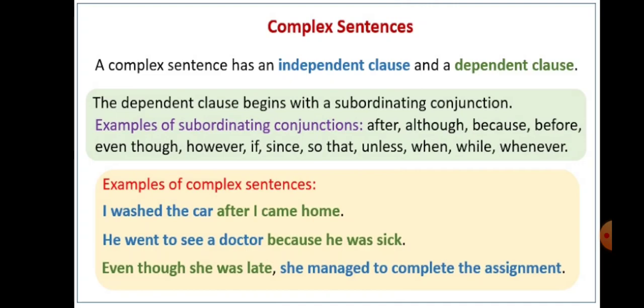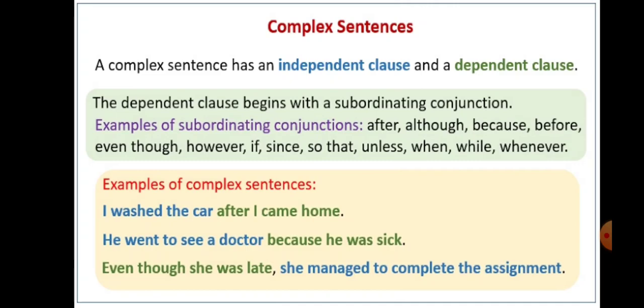In this sentence, the part "I washed the car" is an independent clause. "After I came home", this part is a dependent clause. So in complex sentences, if any sentence has an independent clause and a dependent clause, that sentence will be a complex sentence. So we use subordinating conjunctions with a dependent clause to join the sentence with an independent clause.